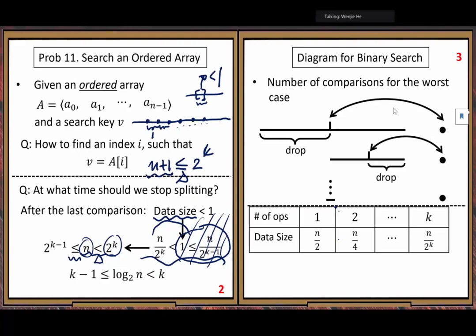Then, if we take log of base 2, we can get rid of the power of 2 expression.